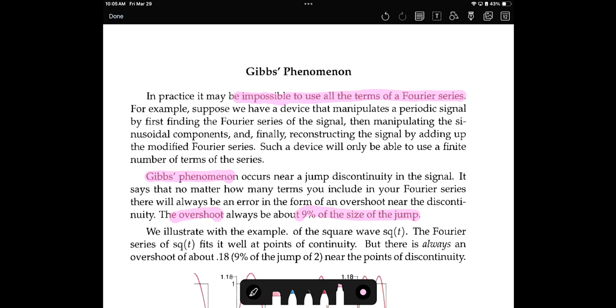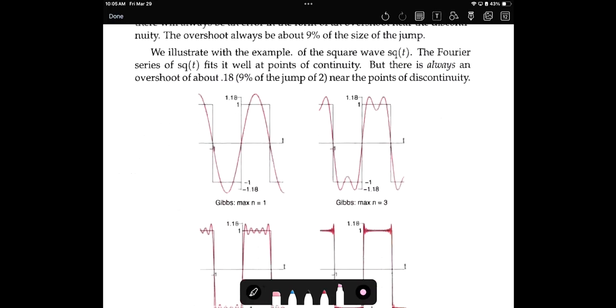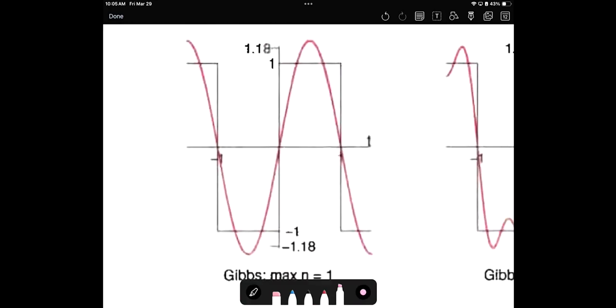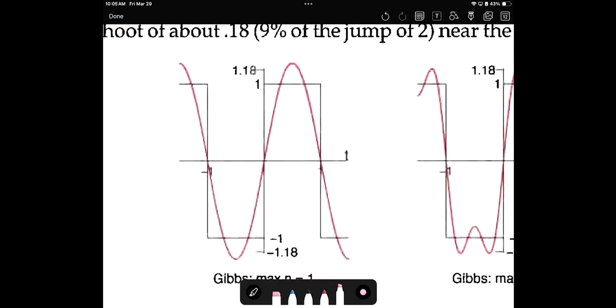Okay, so what do we mean by overshoots? Let's assume we need to do a square wave, and if we take one term, which is the cosine, it will be like this. So there is an overshoot. What do I mean by overshoot?